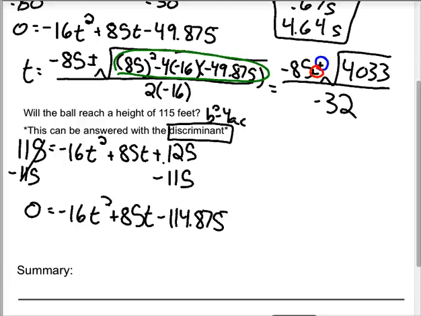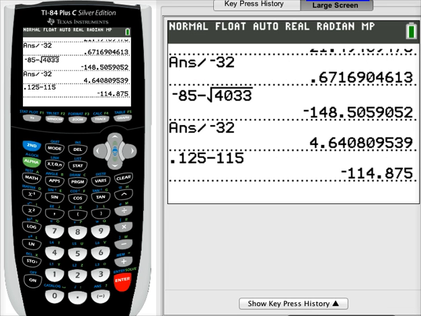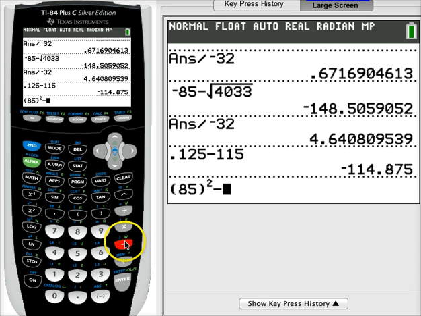So let's check it out. B squared, so 85 squared minus 4 times a times c. Let's plug that into the calculator and see what we get. 85 squared minus 4 times a times c.